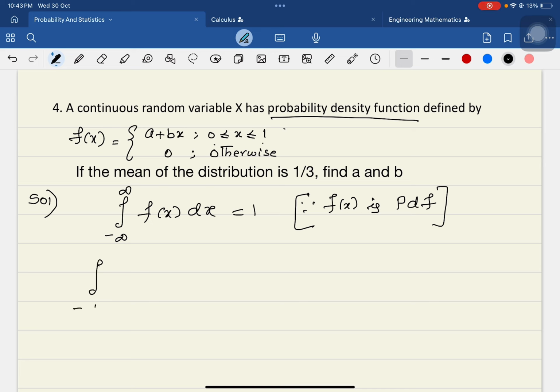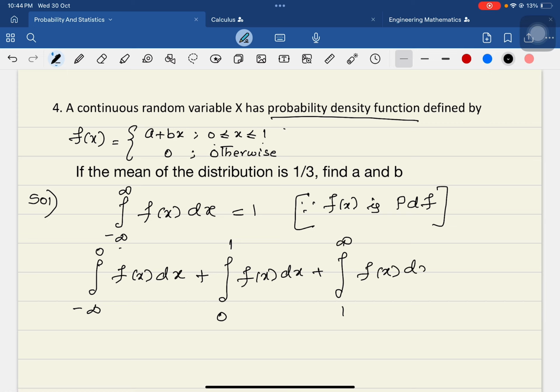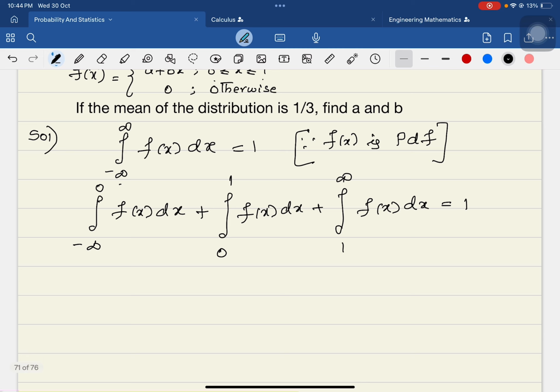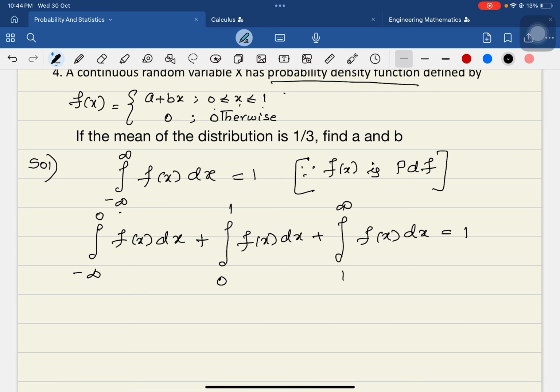So we can split the integral from minus infinity to infinity as the integral from minus infinity to 0 of f of x dx, plus the integral from 0 to 1 of f of x dx, plus the integral from 1 to infinity of f of x dx, equal to 1. According to the definition, when x is between 0 and 1 the function has this value, otherwise it is 0. When x ranges from minus infinity to 0, f of x is 0, hence that integral becomes 0.